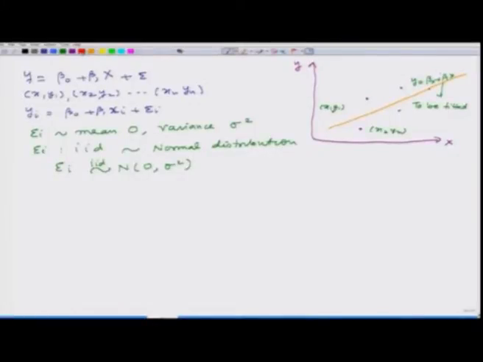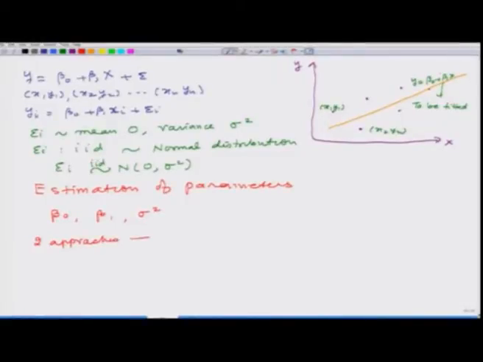So, our objective now is estimation of parameters. You have to keep in mind that there are 3 parameters, beta 0, beta 1 and sigma square, that we want to estimate. Now I am going to use 2 approaches.